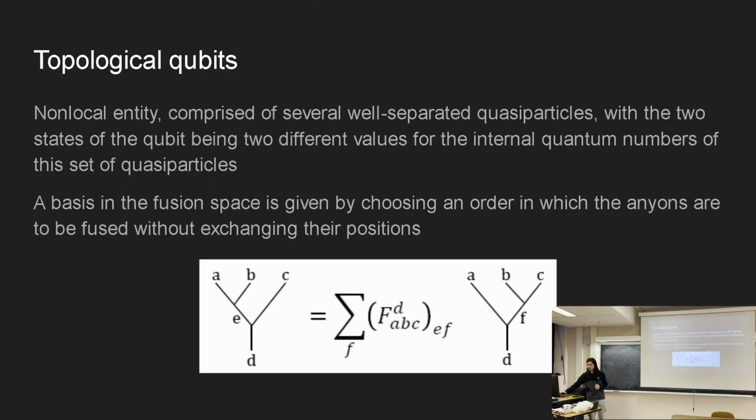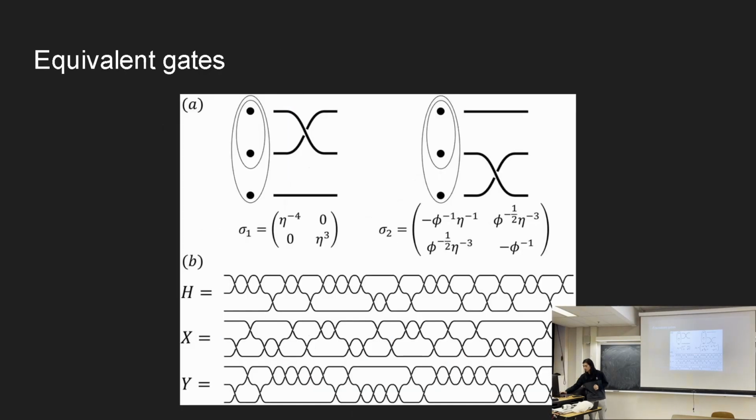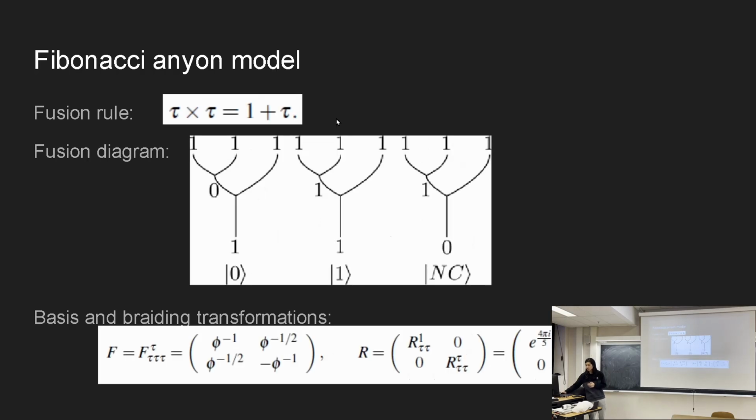So if you swap anyons here, they cross each other, and in the fusion diagram here, that represents swapping this and this. So this changes the quantum state because the fusion diagram is changing.